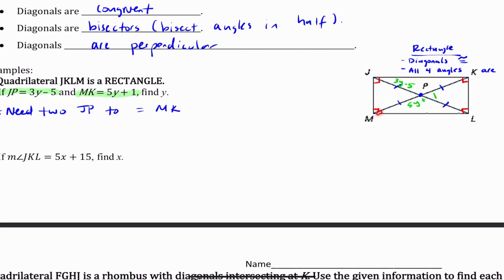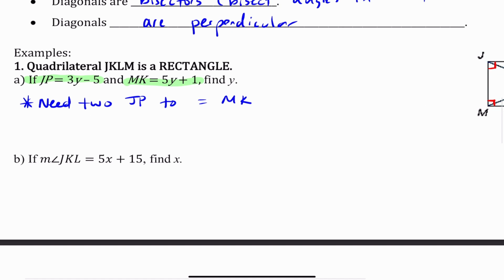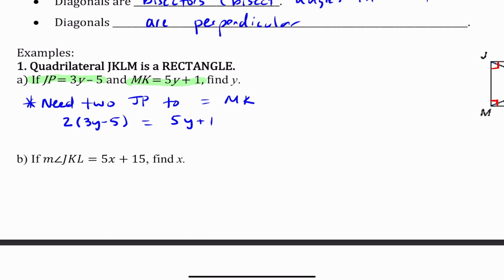Because look, here's MK, that's 5y plus 1. That's that whole thing right there. And then here's JP, that's 3y minus 5. That's literally half of that. You need 2 of these to equal that. That's what I'm essentially trying to say. So how do we write this? How do we set up the equation? Well, you need 2 3y minus 5s to equal your MK, which is 5y plus 1.